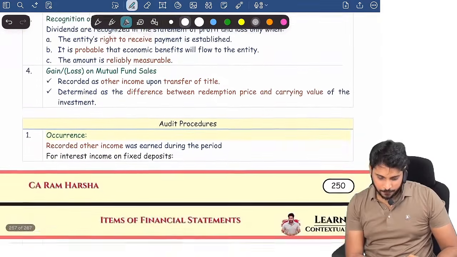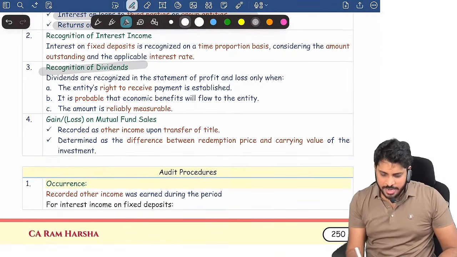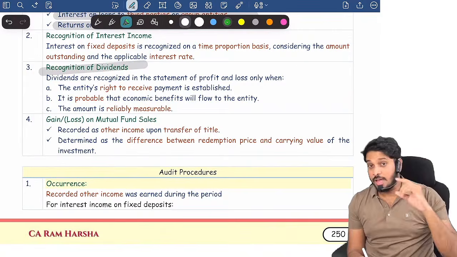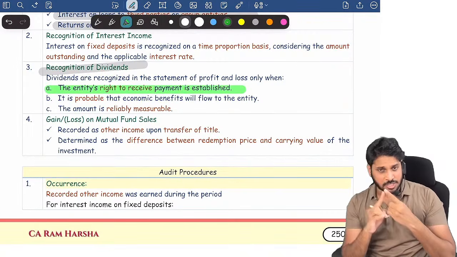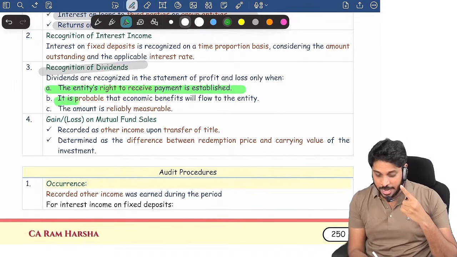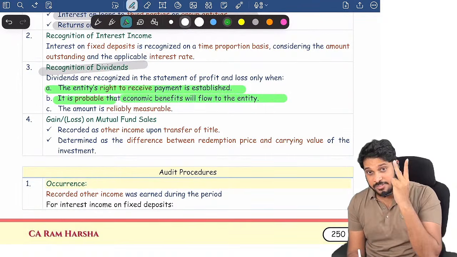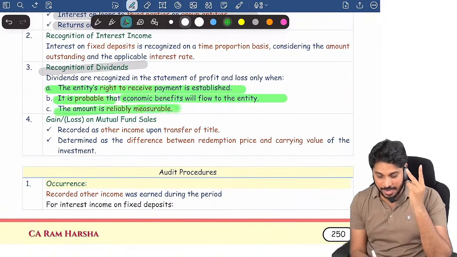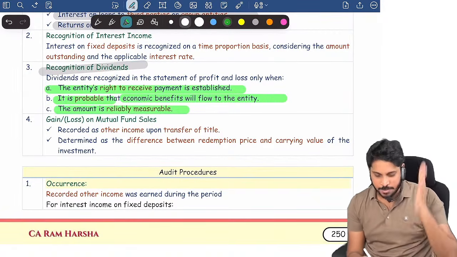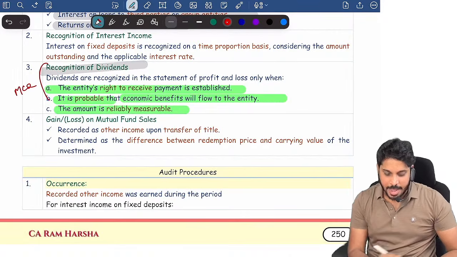Now, how will a company recognize the dividend here? A dividend is recognized only when the entity's right to receive payment is established. First condition, the right to receive payment is established, and it is probable that economic benefit will flow to the entity, and the amount is reliably measurable. Remember, this can be tested as an MCQ.